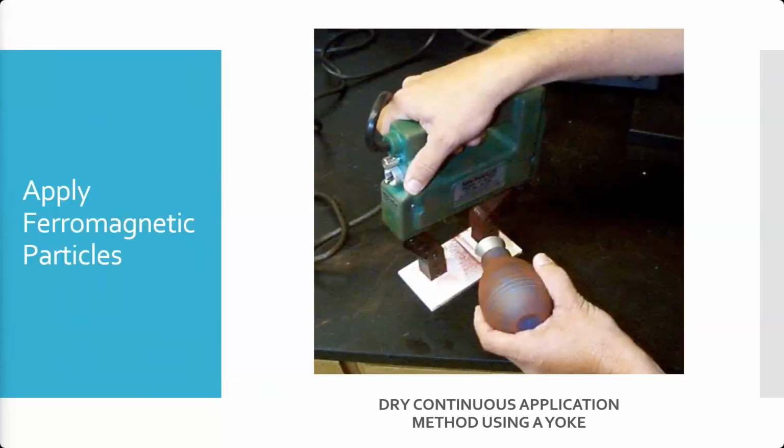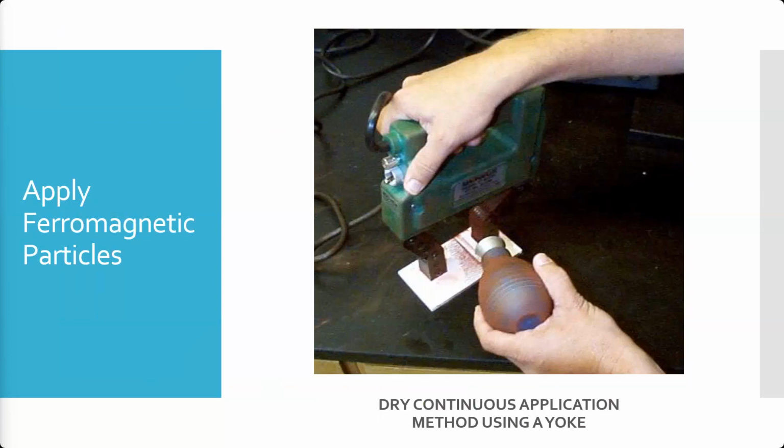Here is a method of how we apply dry particles. They have a yoke here, and this is that yoke I was talking about. It's not running a current through the part, but rather generating a magnetic field. Then they use what they call a little puffer ball. There's a small amount of iron powder in there, that's the particle powder, and when you squeeze it, it does a little puff of air and sends out some of those particles.